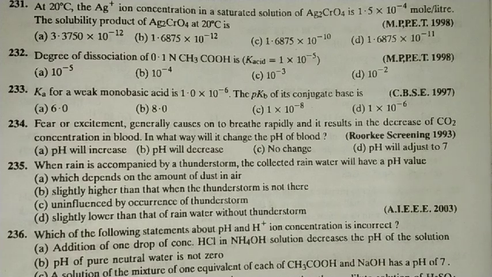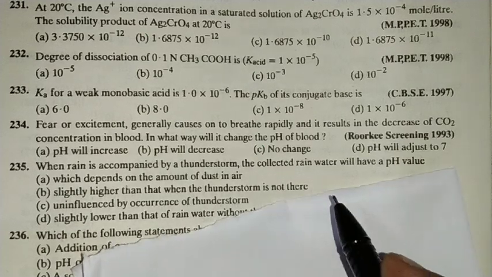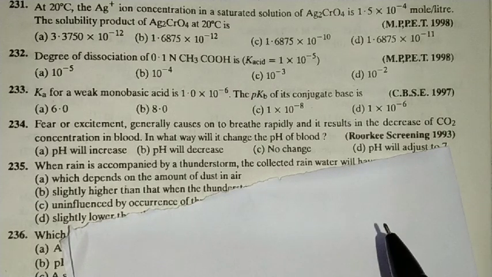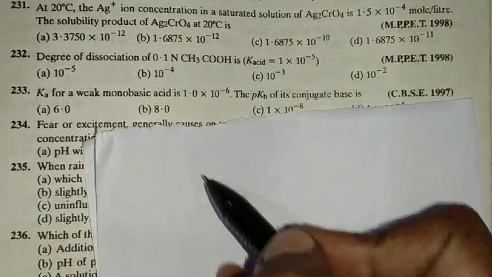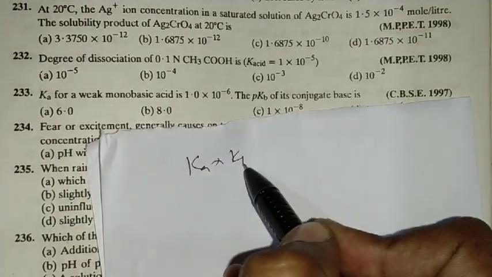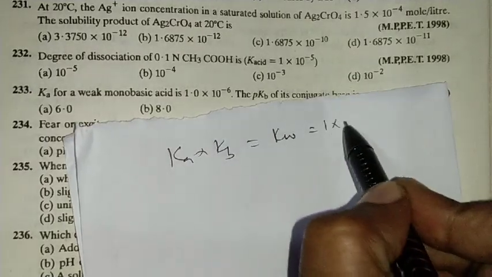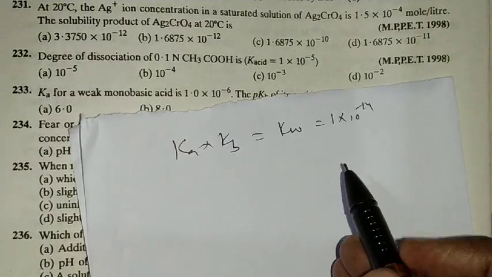Ka for weak monobasic acid is 1.0 into 10 power minus 6. The pKb of its conjugate base is... Okay, weak monobasic acid. So generally if Ka, Kb are ionization constants of the weak acid and its conjugate base, then this is the formula: Ka into Kb equal to Kw, which is equal to 1 into 10 power minus 14 mole square per liter square.